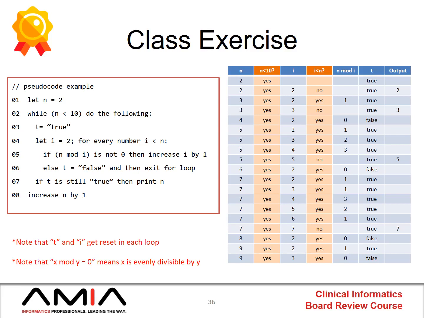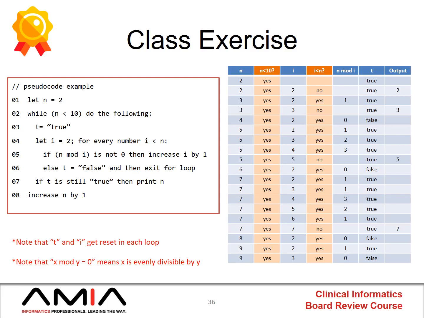There is no number where i is less than n. So you can skip line 5 and line 6 and basically exit that for-next loop. And now at line 7, if t is still true, which it is, since we didn't change the value of t, then we print the value of n. So that's why in the second line of my trace table, after all that, the output is 2.